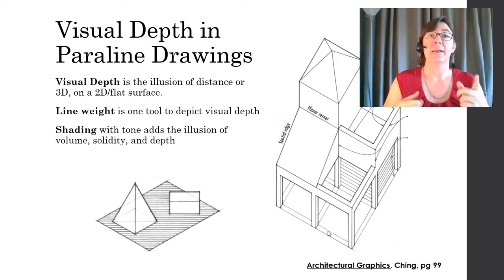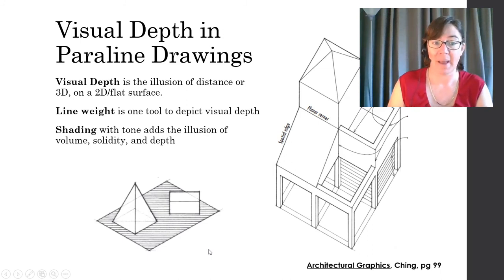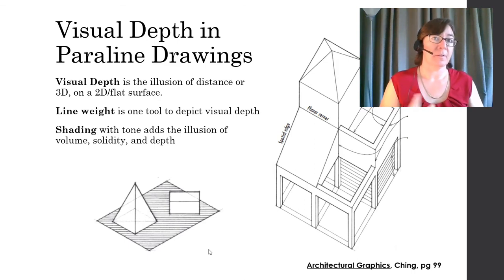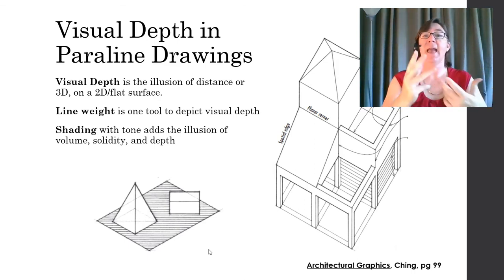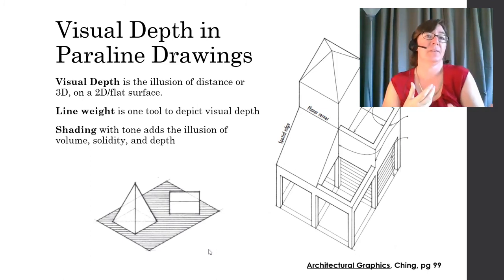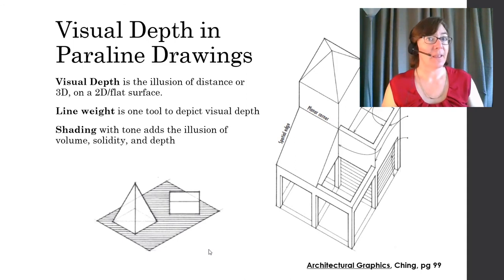All right, and shading, here's one illustration of kind of a hatch pattern here, cross-hatching pattern, to add that illusion of depth. All right, a lot of the Paraline drawings, especially the isometric, it can get confusing about which item is in front. Okay, you can kind of get a little Escher-esque effects unless you use these visual depth cues.